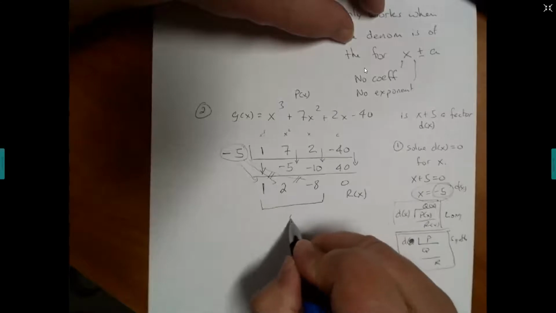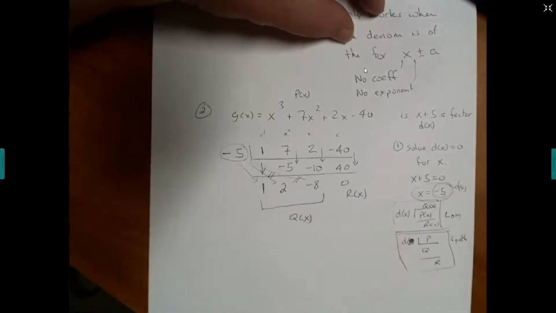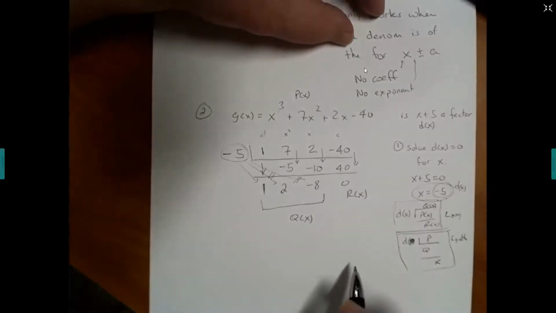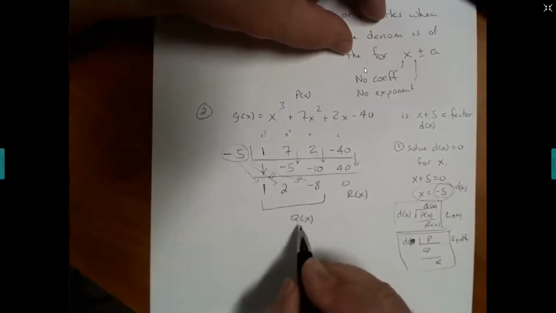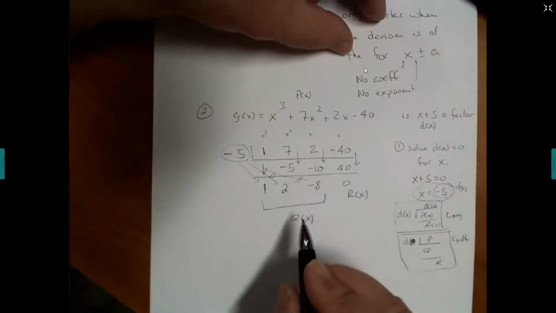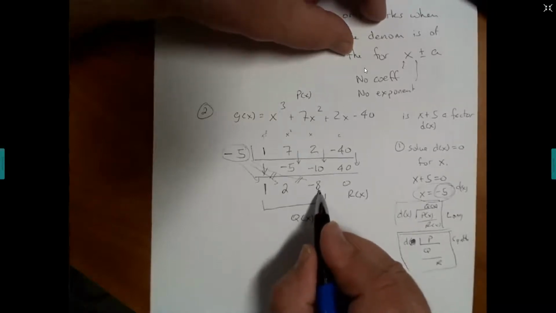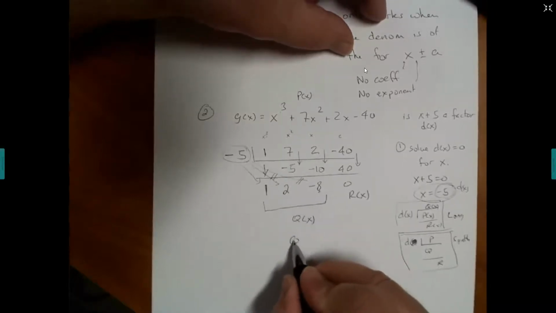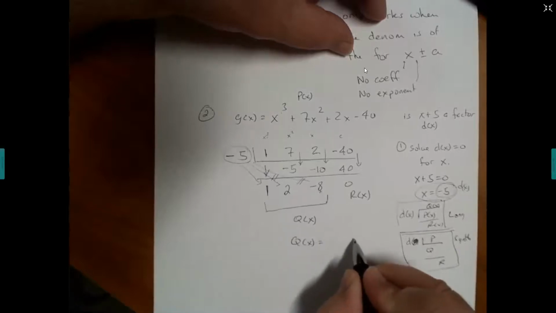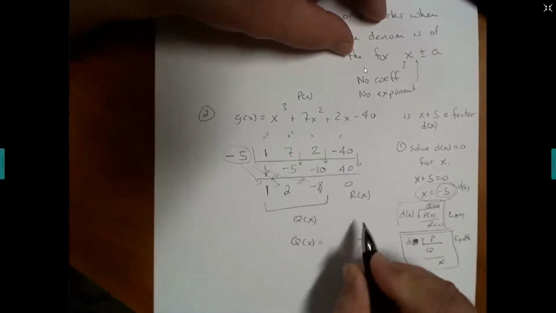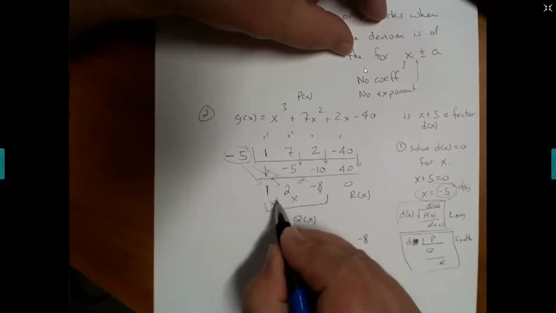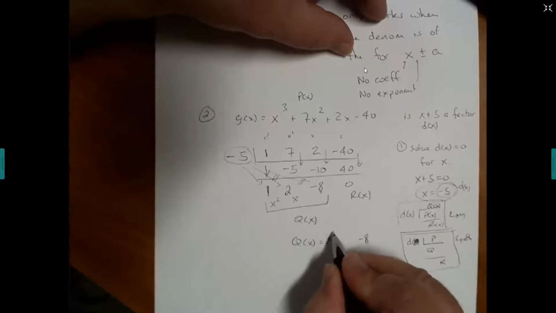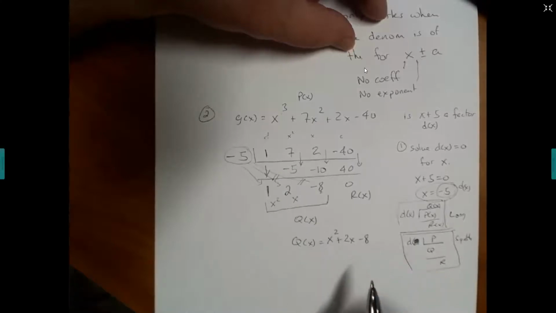This is your Q of X. The first number here is a constant, so it's -8. This next one here is an x, and then you build up from there. So the answer is x squared plus 2x minus 8.